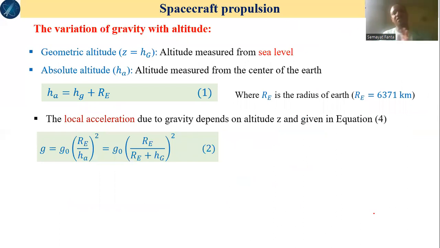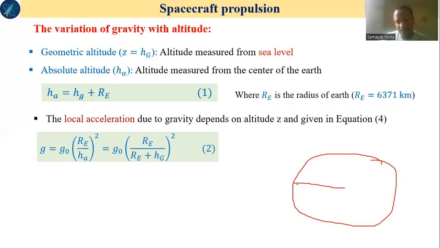Now let's consider the gravitational acceleration difference. In order to consider gravitational acceleration, we must define some absolute altitude, which is measured from the center of Earth. Whenever a flying object goes into the atmosphere, for example, if this is the Earth, we have the radius of Earth, expressed as RE.